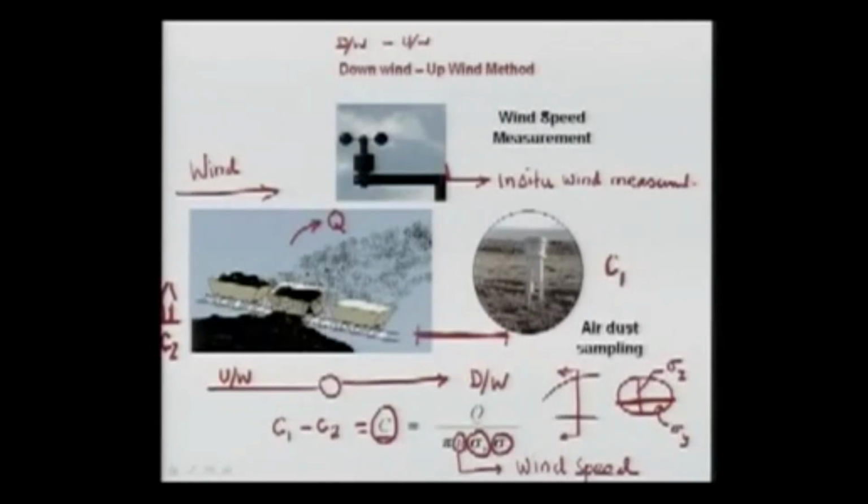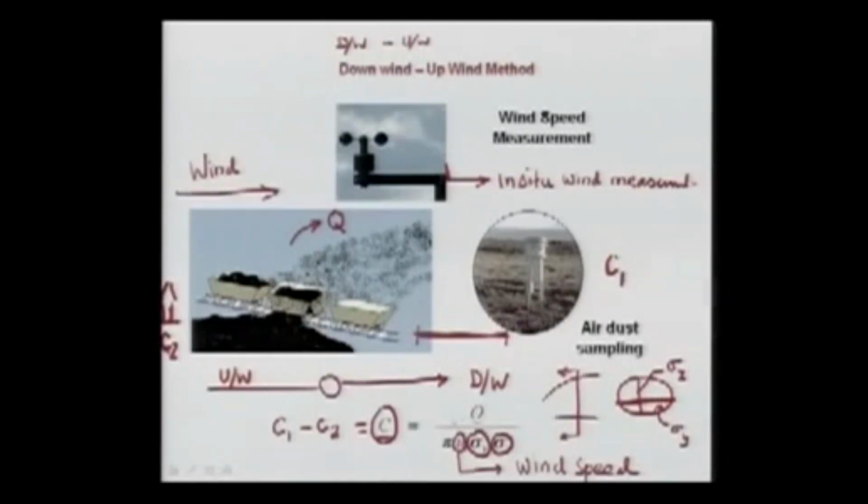Very quickly, what you have is the source. You do the measurements in the downwind, you do the measurements in the upwind, wind is blowing like this, and you measure some meteorological parameters in situ. And C1 minus C2 is the impact of the emissions from the source.